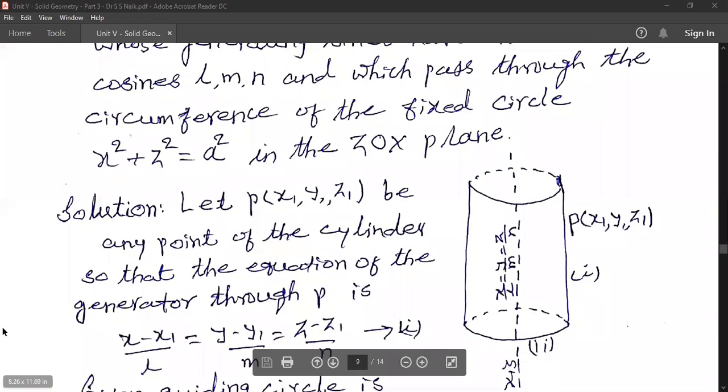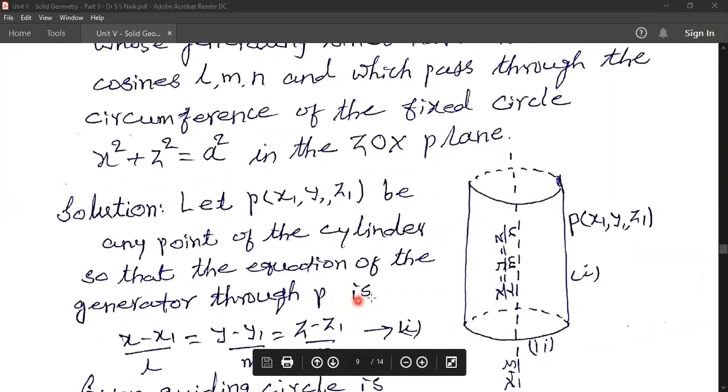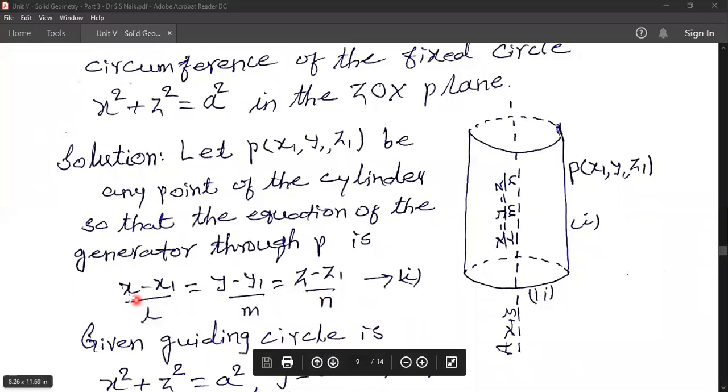Let P(x1, y1, z1) be any point of the cylinder, so that the equation of the generator through P is given by (x minus x1) upon l is equal to (y minus y1) upon m is equal to (z minus z1) upon n. So this is your equation number 1.